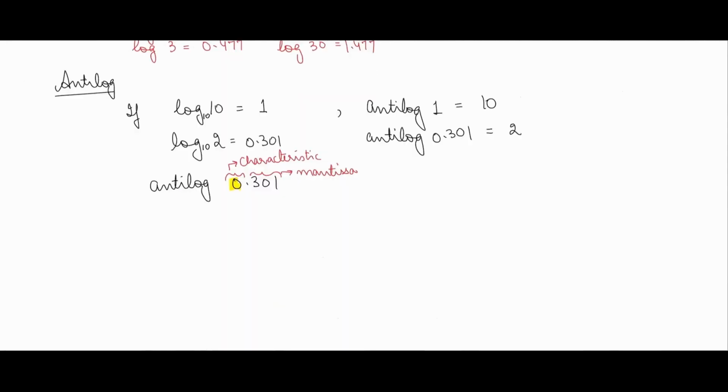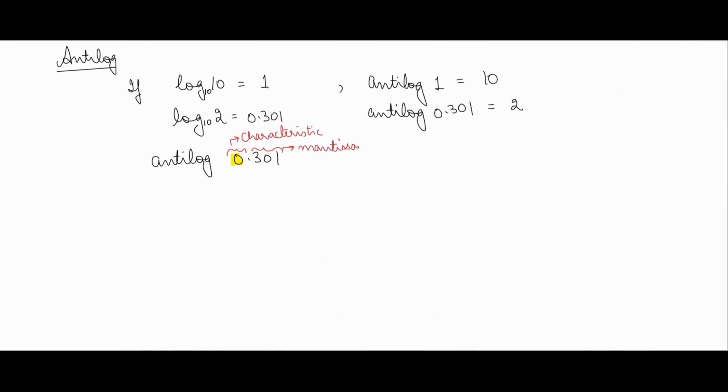I will simply put here 2000, and then how do we decide where to put a decimal? Simply take the characteristic and add 1 to it. The characteristic for us was 0. I add 1, I get 1. So from the left hand side, I put a dot after the first digit. That's one way to look at it.